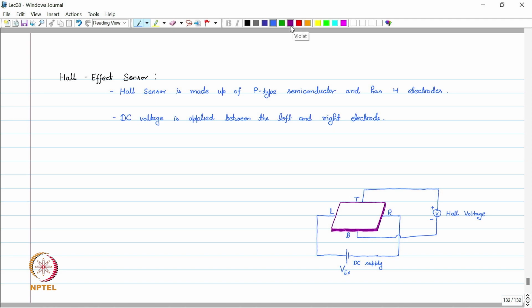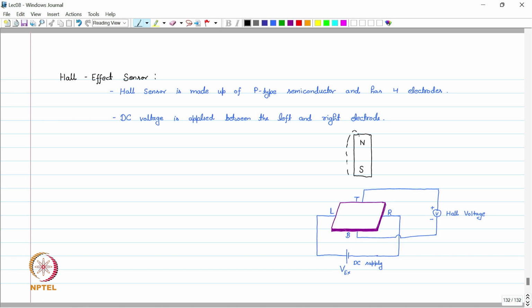So we have a magnet, this magnet has north and south poles. So this is, let's say, north pole, this is south pole, and this has a magnetic flux linked with it.